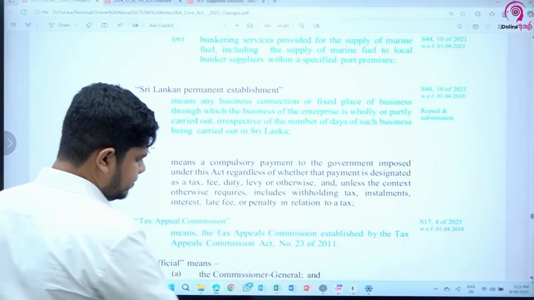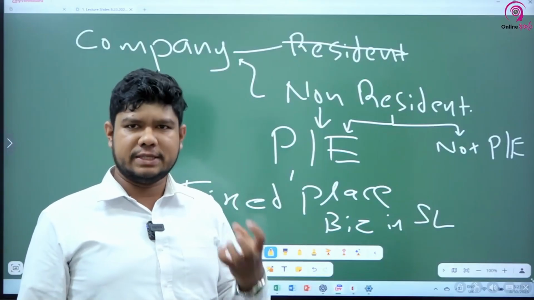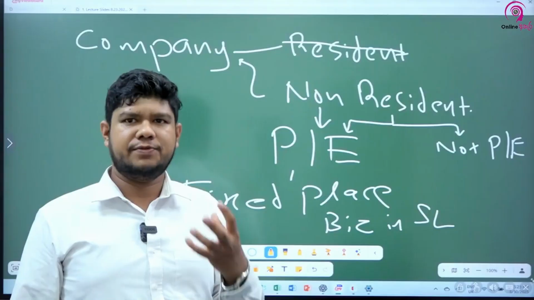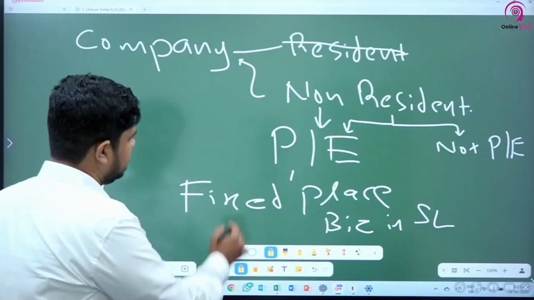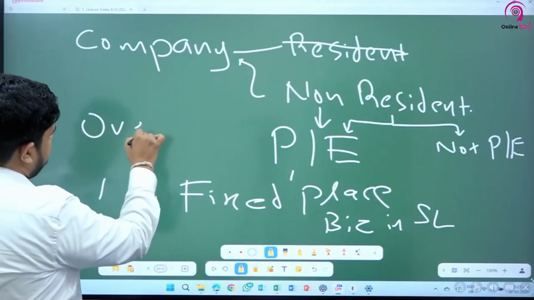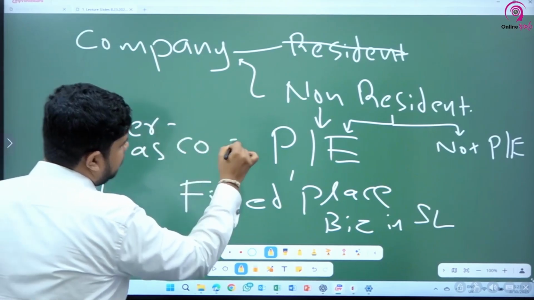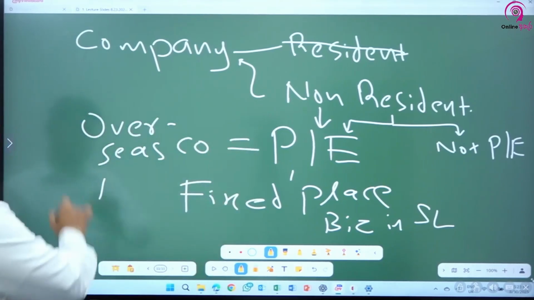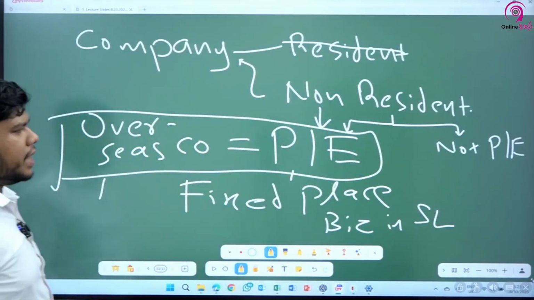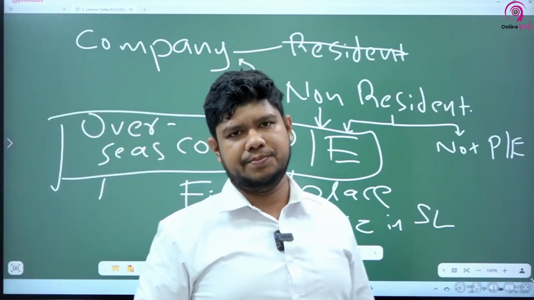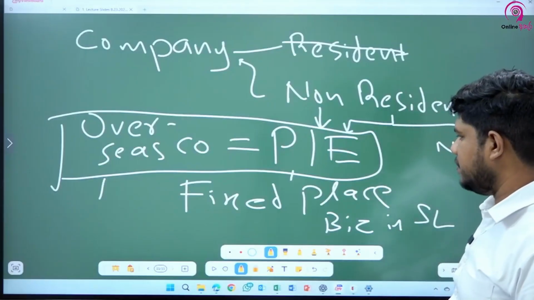So here, does this Storm overseas company have a fixed place? Yes, there is a fixed place. They are doing business. That's why they registered the overseas company. Overseas company is always equal to PE. Remember this. This is the short note. Overseas company means it is a PE, right? If it is an overseas company, that means it is a permanent establishment.